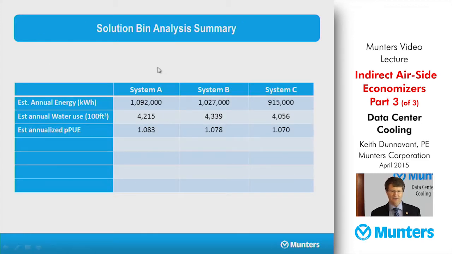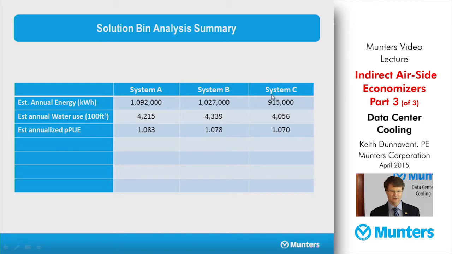Here is a summary of the annual performance. So we've got an estimate of annual electricity consumed in kilowatt hours. So system A, 1,092,000, system B, 1,027,000, and system C, 915,000.